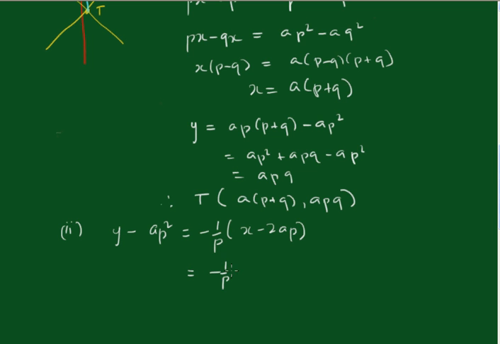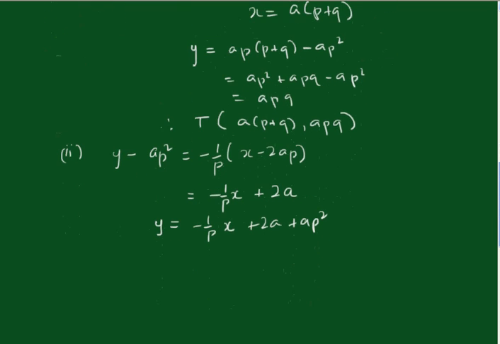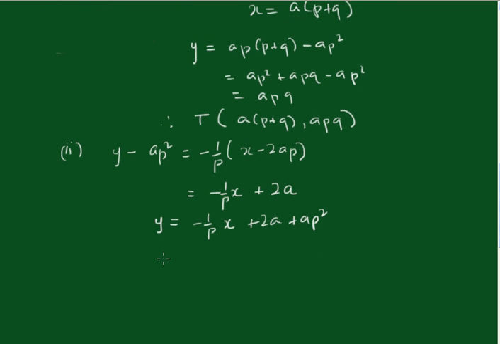Minus 1 on px. This becomes plus 2a. So y is equal to minus 1 on px plus 2a plus ap squared. And similarly, because we just got a different parameter q, for the other one we got y equals minus 1 on qx plus 2a plus aq squared.